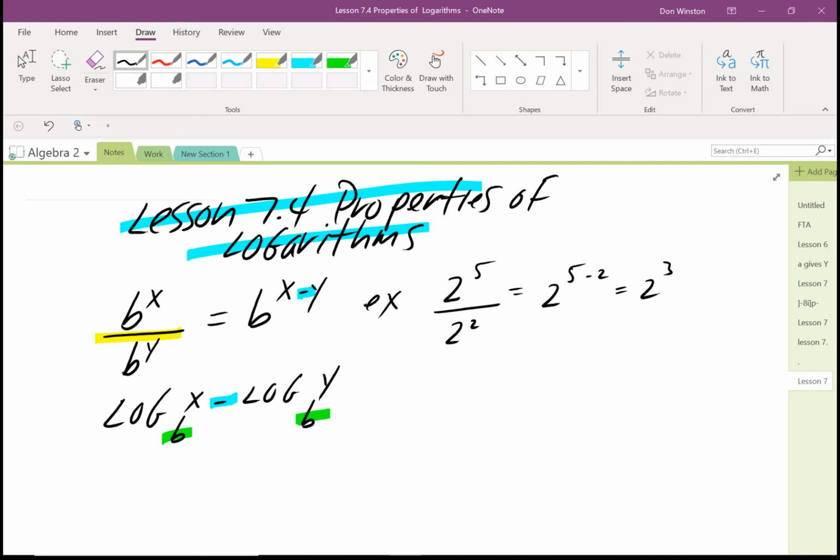We would say log base b of x minus log base b of y is equal to log base b of x divided by y. So again, subtraction involves division, just like with exponents. And not too surprising, because logarithms are the inverse of exponents.